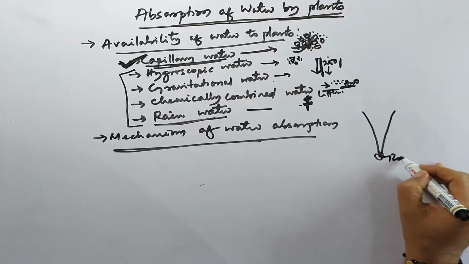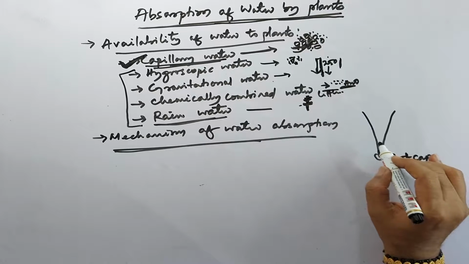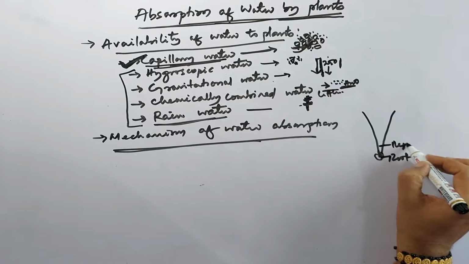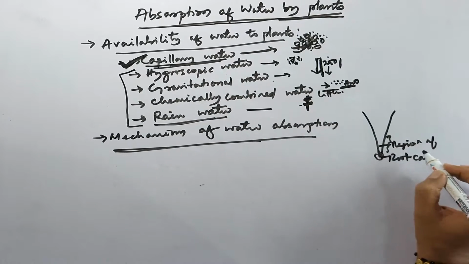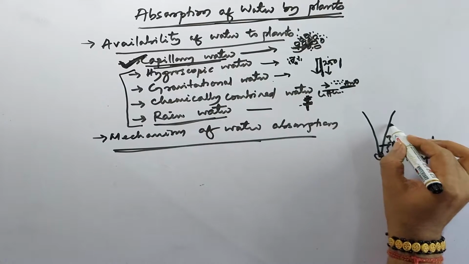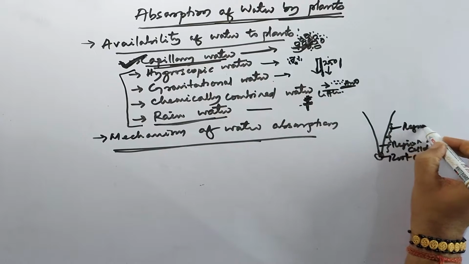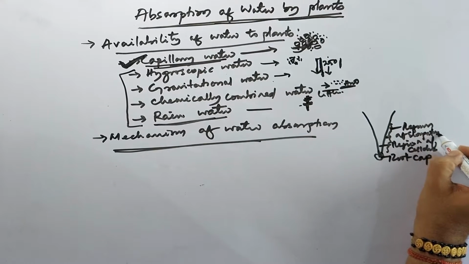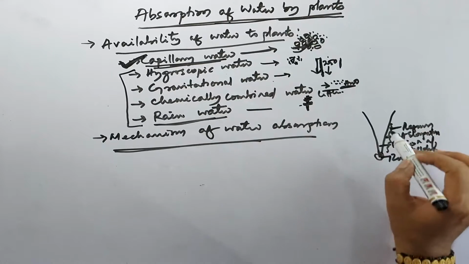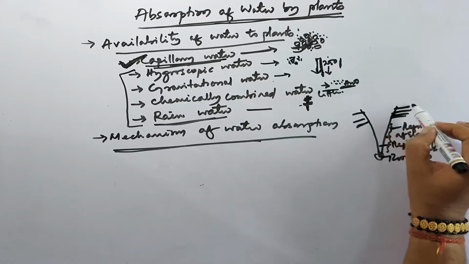This is the root cap, and this is the region of cell division, and here we can tell the region of elongation, and here you will find the region of maturation.